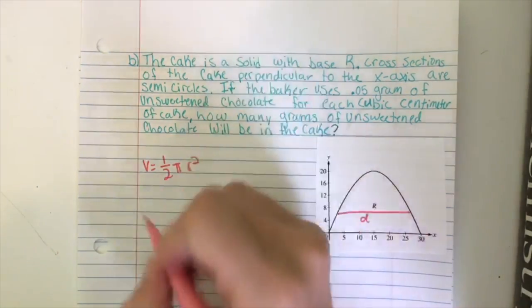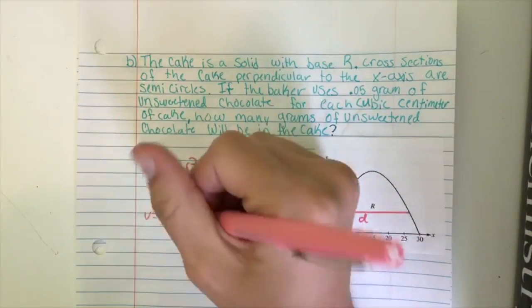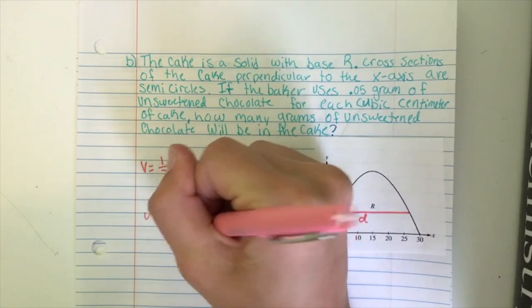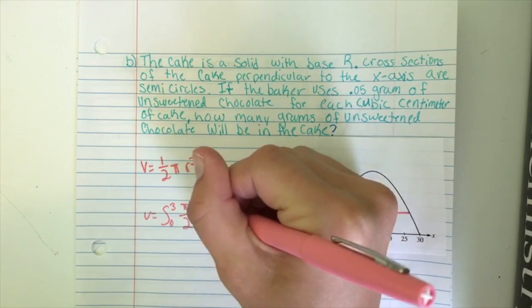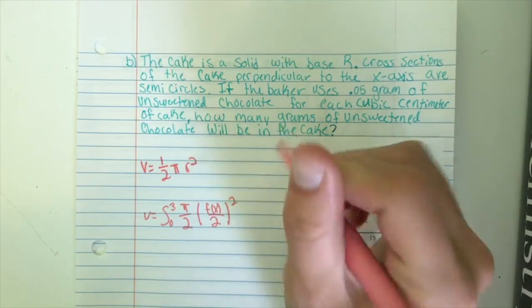So when you plug it into your integral from 0 to 30, it's going to be 1/2 pi, and then f of x over 2, because f of x is a diameter, squared.